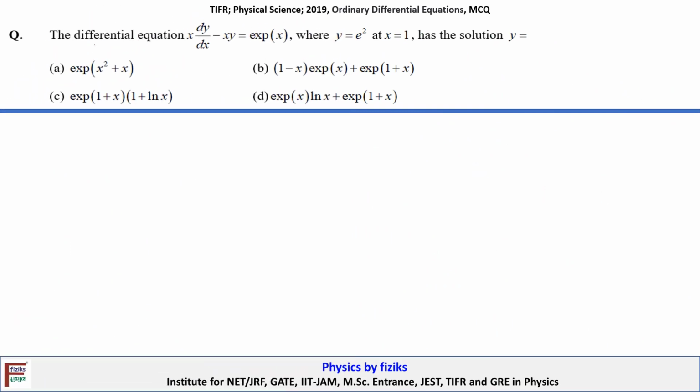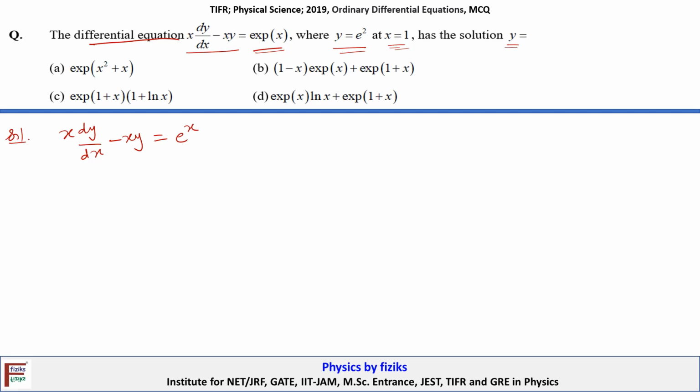Consider the differential equation x dy by dx minus xy is equal to e to the power x, where y is equal to e squared at x is equal to 1. Then find the solution y. The differential equation is given as x dy by dx minus x into y is equal to e to the power x.